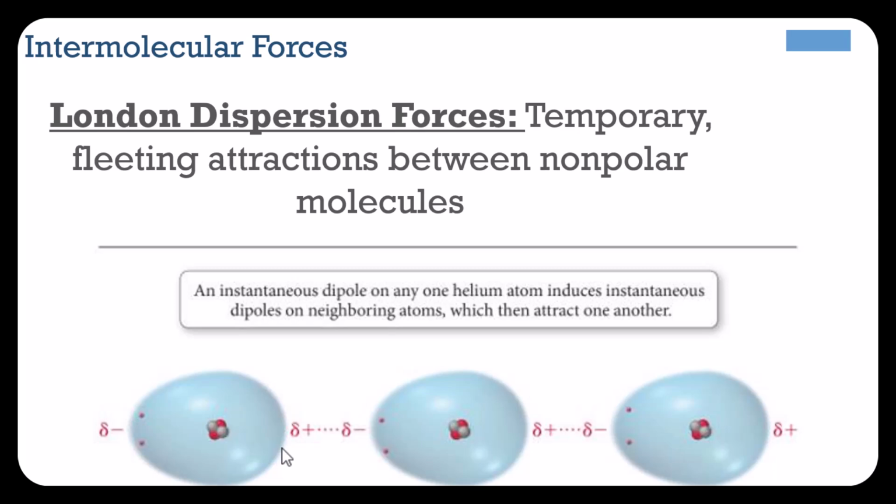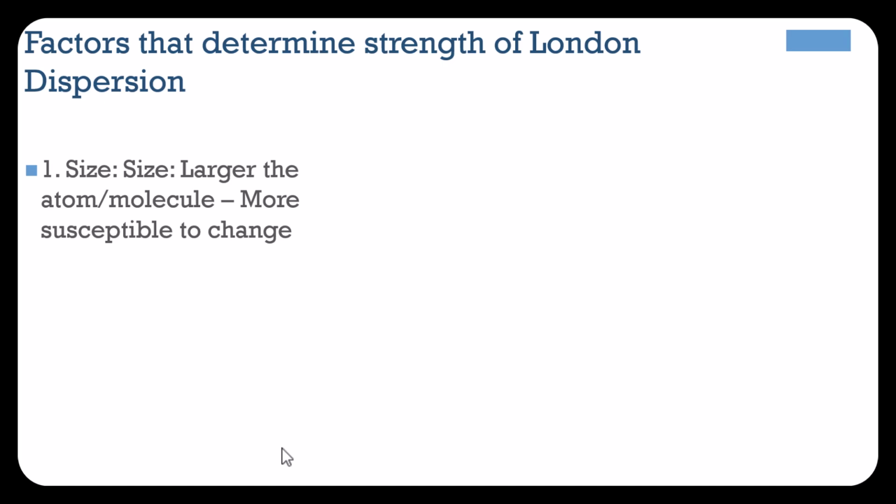So we need to think about how easily these electrons can be polarized. How susceptible are they to their neighbors influencing them or them influencing their neighbors? How susceptible are these electrons to being moved around, shifted around?